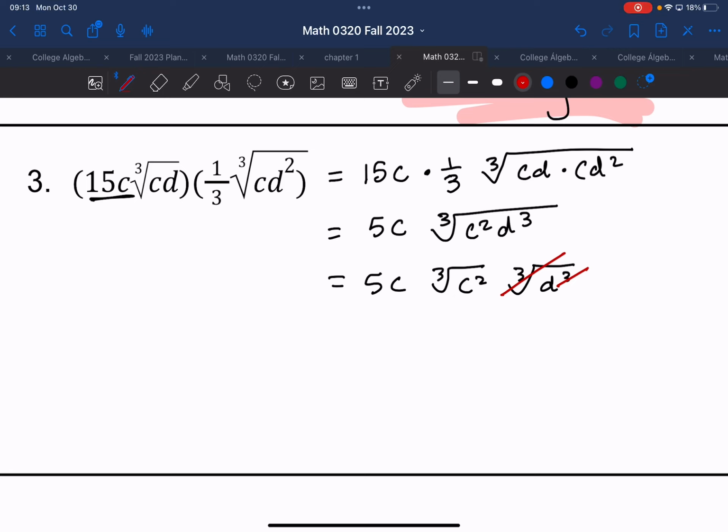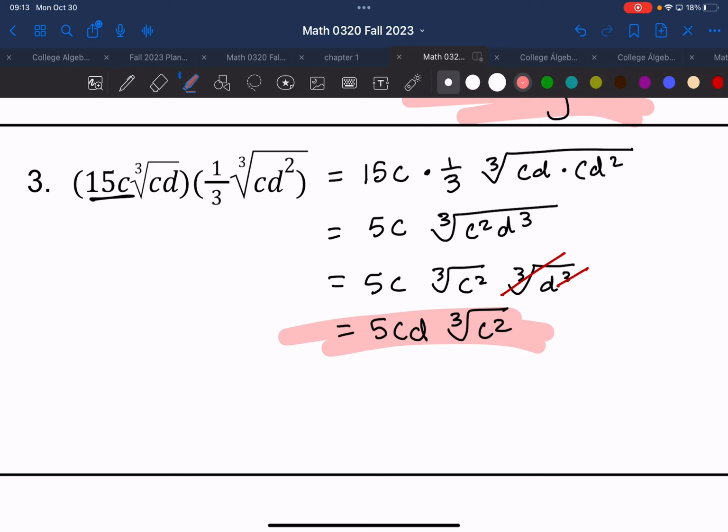So those cancel out. They're both 3's. So that means the d goes in the front. So we have 5cd cube root of c squared. That's our answer. So we're always checking to see if we can reduce what is under the radical.